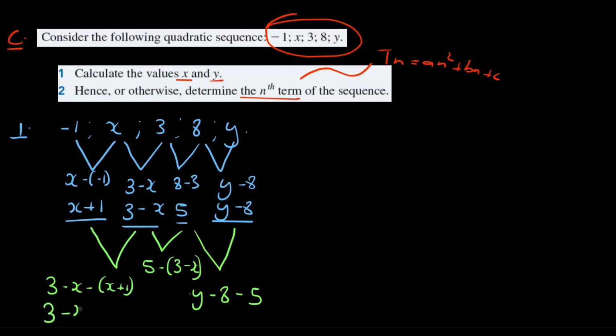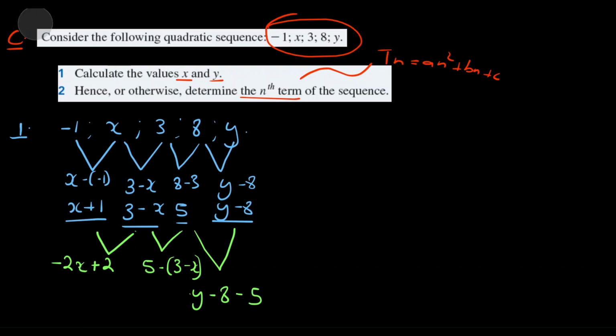It will be minus x, multiplying by negative, it will be minus x and minus 1. So we can simplify this: negative x and negative x will give you negative 2x, and then 3 minus 1 is nothing more than positive 2.